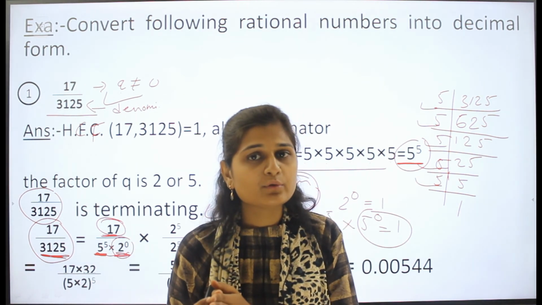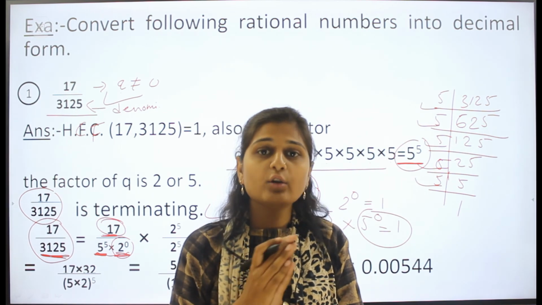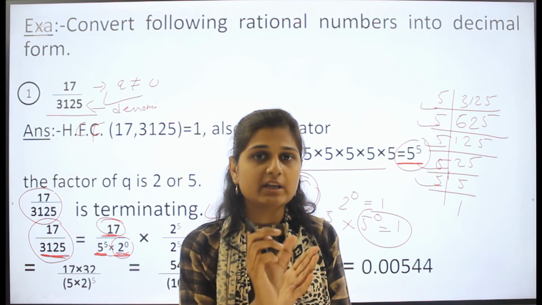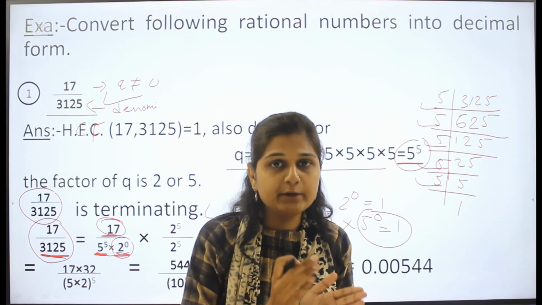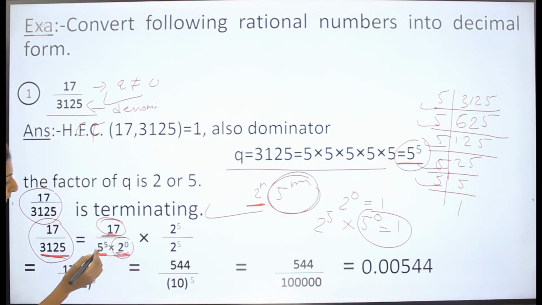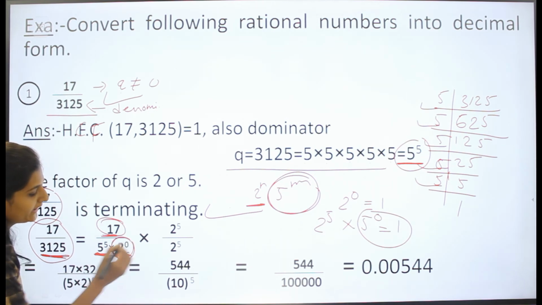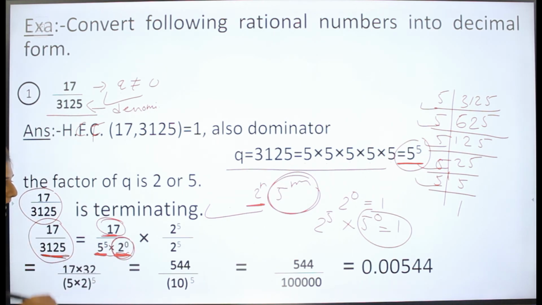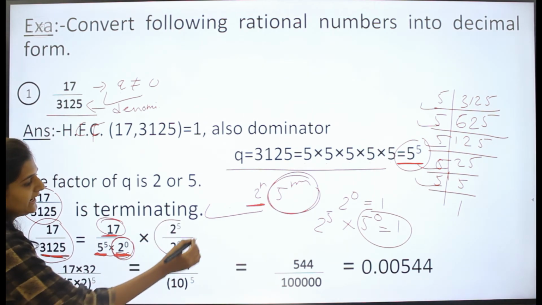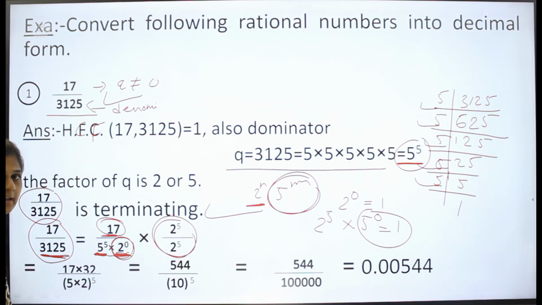Now you don't have the factor of 2, so you have to make the powers of 5 and 2 the same. Here I have the power of 5 as 5, but I don't have the power of 2 as 5. So in that case you can multiply and divide by that power.